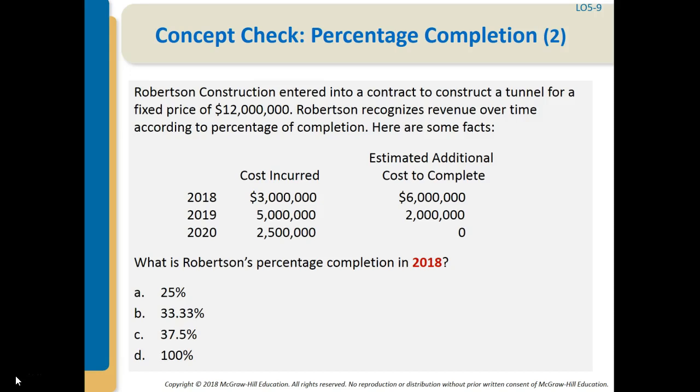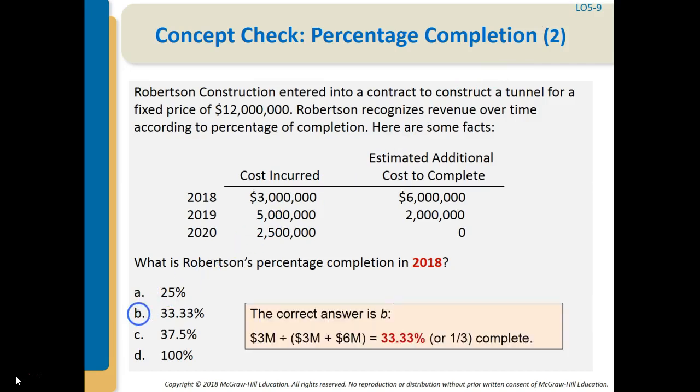And then in 2020, we had $2.5 million in costs incurred. So what is Robertson's percentage completion in 2018? Well, the correct answer here would be 33.3%. The $3 million, divided by the $3 million plus the $6 million, or this is 1/3 complete.